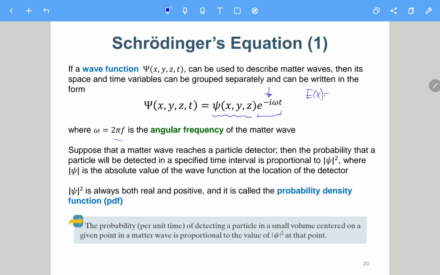E x equals E0 cosine (kx minus omega t). If we write it in a complex form, it will be like the real part of E0 exponential to j (kx minus omega t), or i.